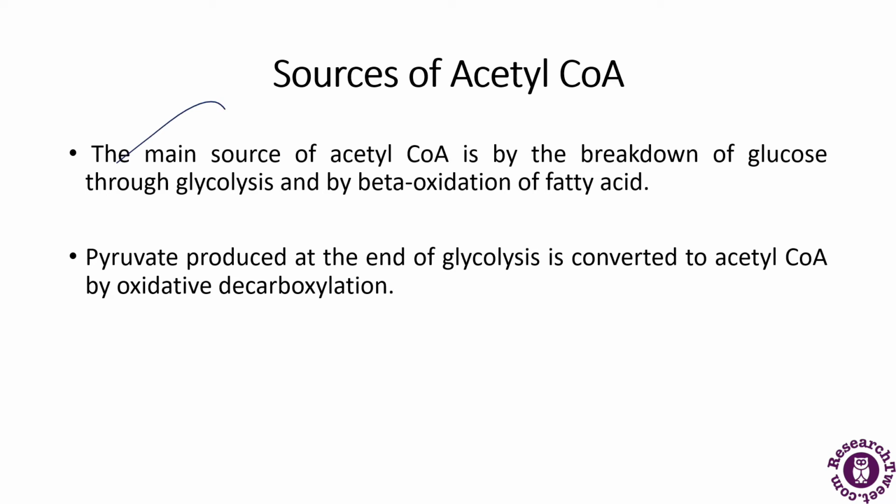The pyruvate produced at the end of glycolysis gets converted to acetyl coenzyme A by oxidative decarboxylation. So this is the source of acetyl coenzyme A.